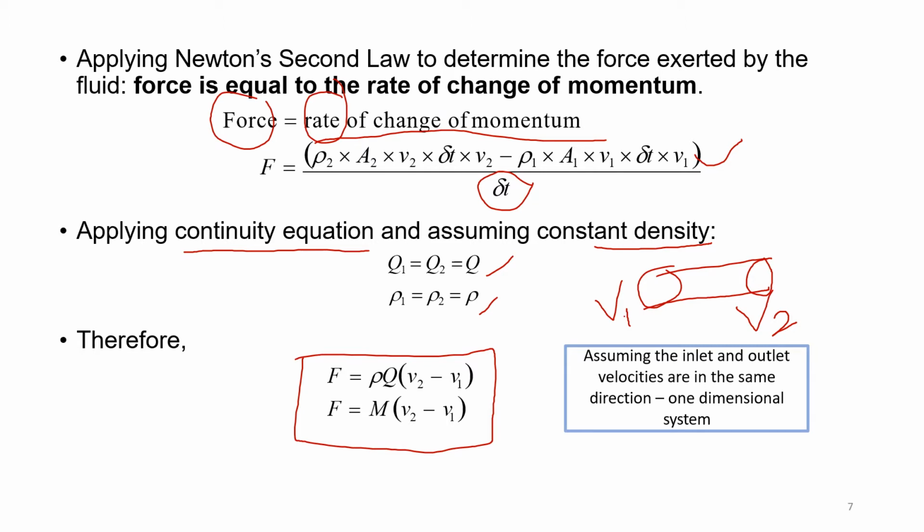Or density times Q can be written as capital M for momentum. So momentum times change of velocity can be taken as force, or it can be considered as rate of change of momentum. So we assume the inlet and outlet velocity are in the same direction, so we consider it as a one dimensional system.